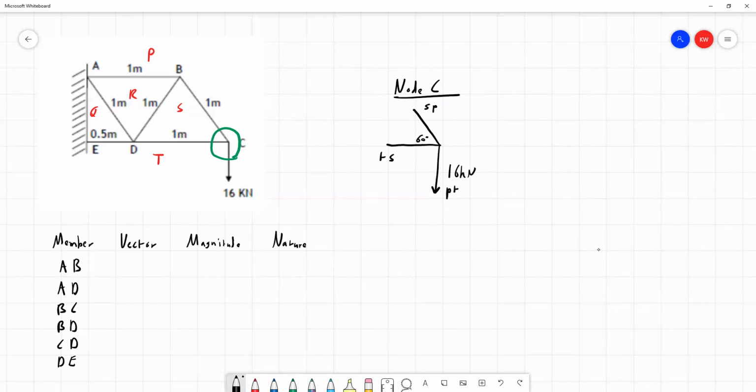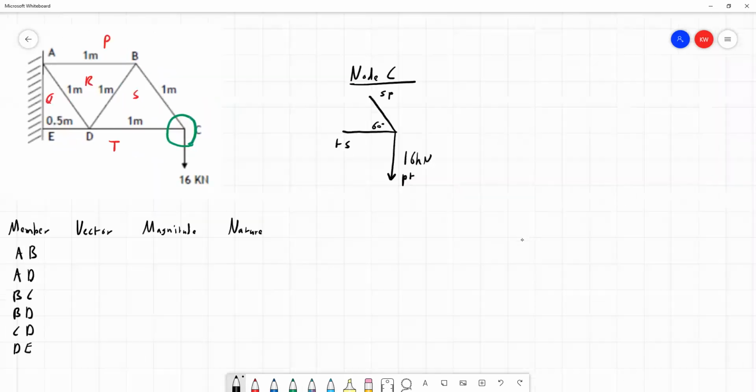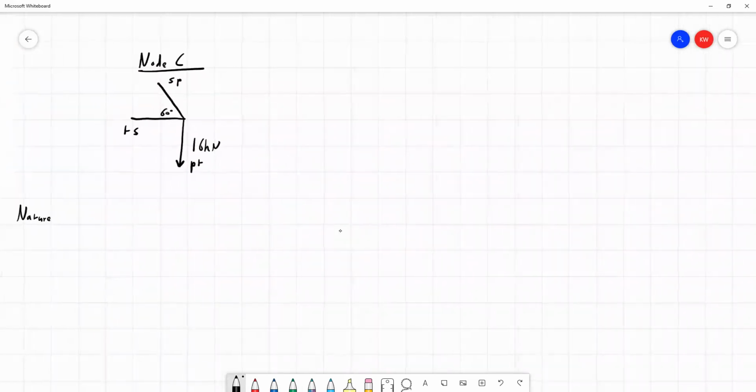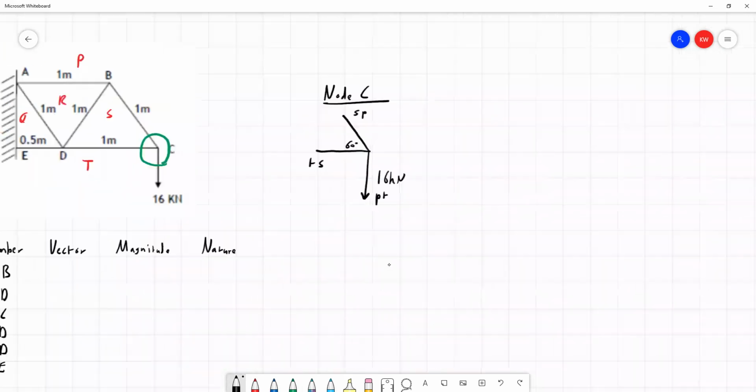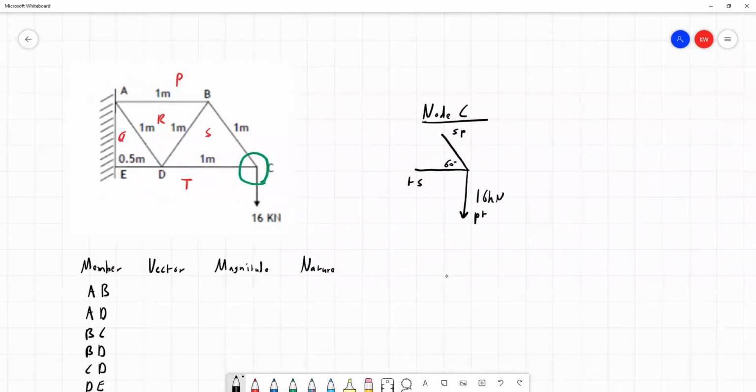So we can draw a vector diagram for node C because we have enough information, and that is the knowledge of one of the magnitudes and directions of a vector. We're using a scale here, and we're using this for the whole question, so I'll write this up at the very top here. Our scale will be 1 centimetre to 1 kilonewton.